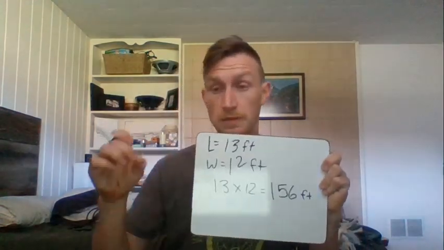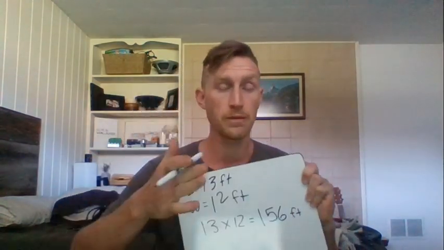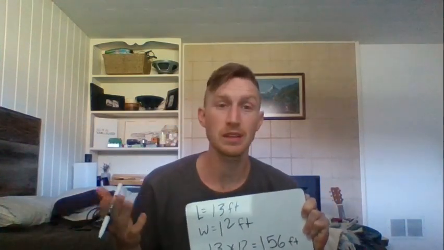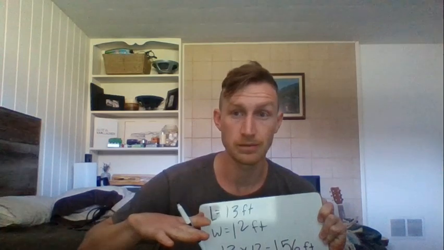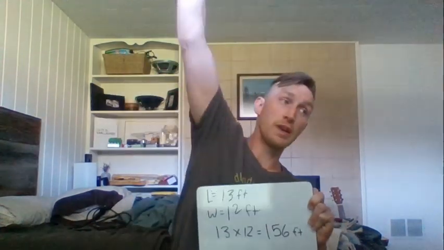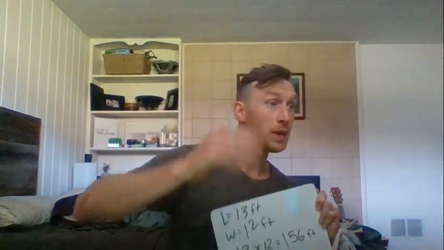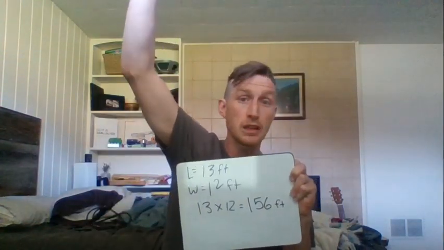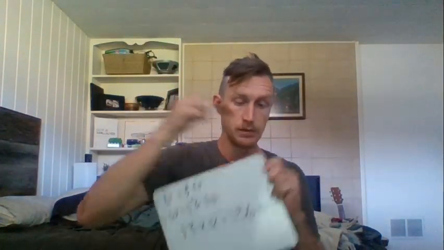156, so we'd be able to fit 156 1 foot by 1 foot by 1 foot cubes on the bottom layer. But obviously this room isn't 1 foot high. No. We could fill it all the way up. So I'm going to have to measure from my floor all the way up to my ceiling to figure out the height. I'm going to do that really quick. I'm going to guess it's probably 8 feet.